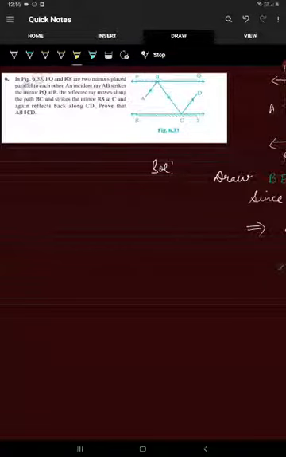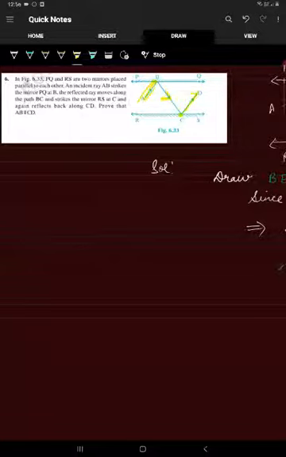An incident ray AB strikes the mirror PQ at B, and the reflected ray moves along BC. This is the reflected ray, and it strikes the mirror RS at C and again reflects back along CD. We have to show that these two lines AB and CD are parallel.